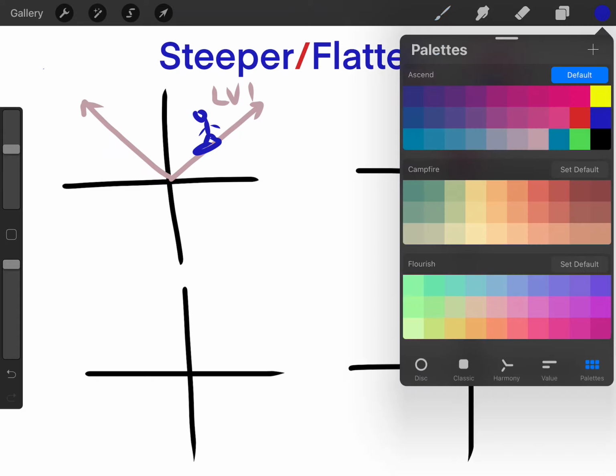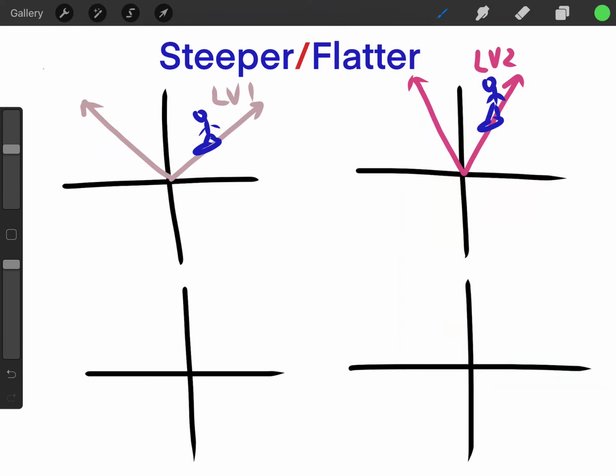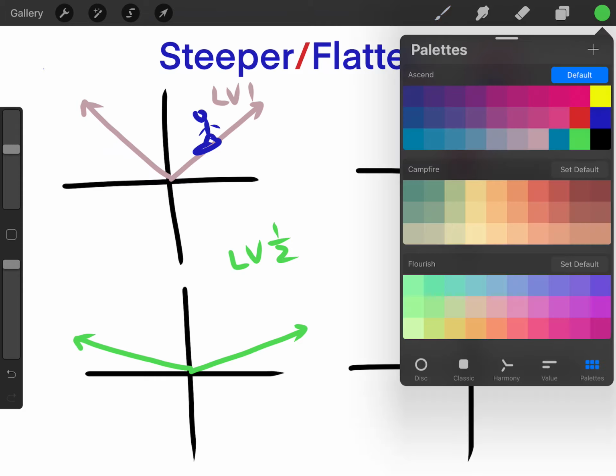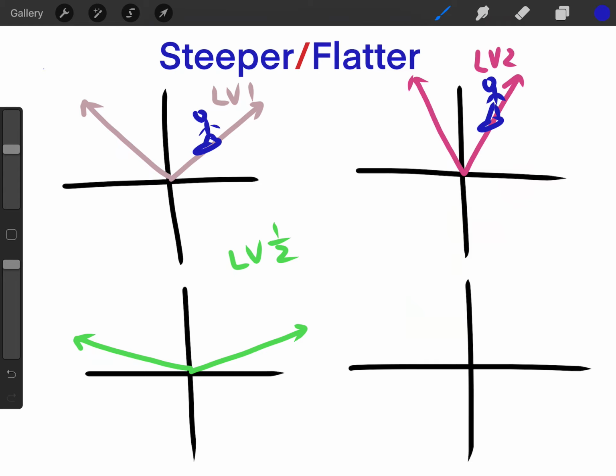Now what happens if you say, I can't even do level 1, so I'm going to do level 1/2, something less than 1? So you're going to draw your V a lot flatter. It's going to be a lot easier if you skid on it.